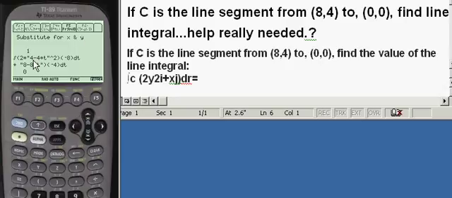And we enter what we've solved for x and y. Here's y, 4 minus 4t, or 2 times 4 minus 4t. You're entering it, okay? Notice how confusing it is. And then the dx here is minus 8 dt, okay? And what is this? Is x. So here's x, 8 minus 8t.